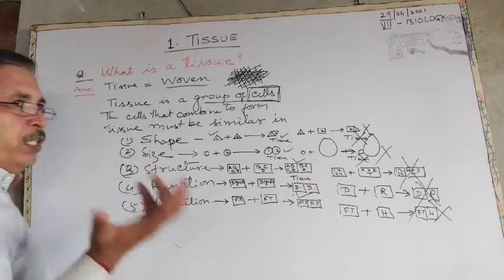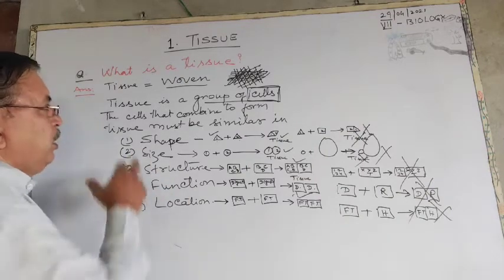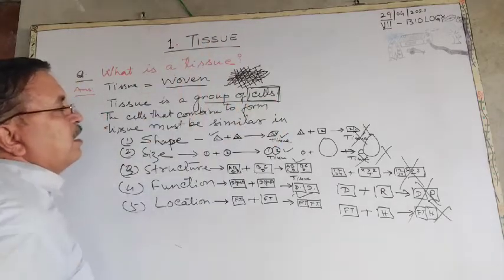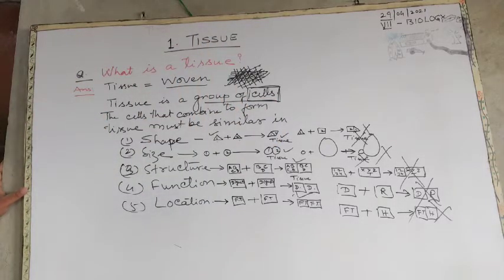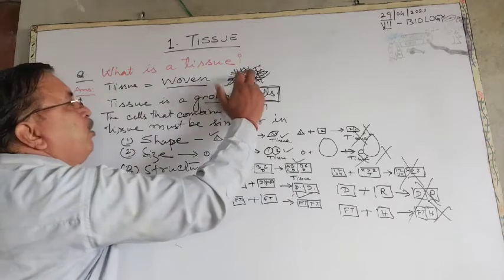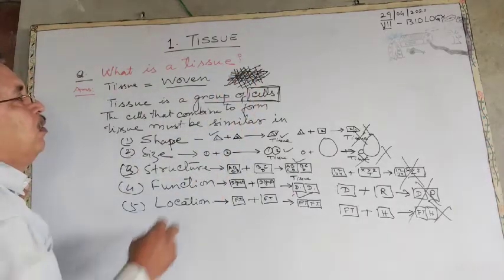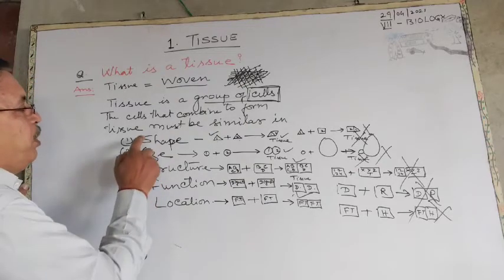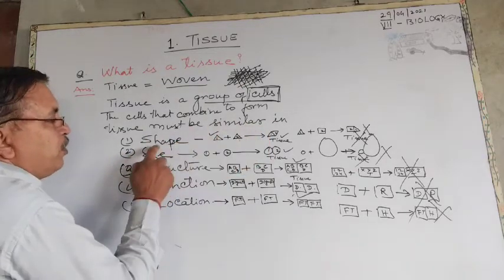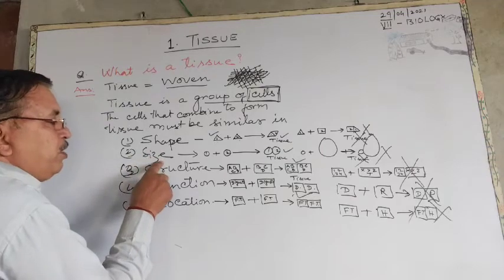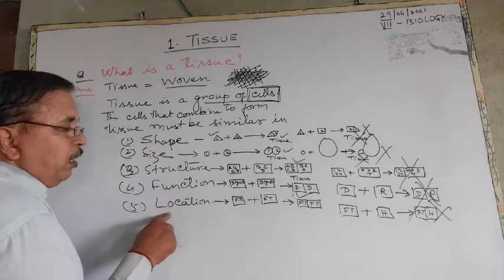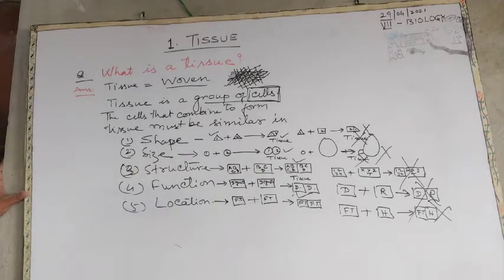Then obviously it is very clear that tissue is always a group of cells, right? And the cells that combine to form this tissue should be similar in shape, similar in size, similar in structure, similar in function, and similar in location, right?